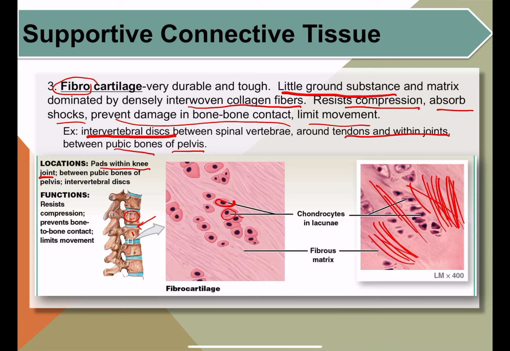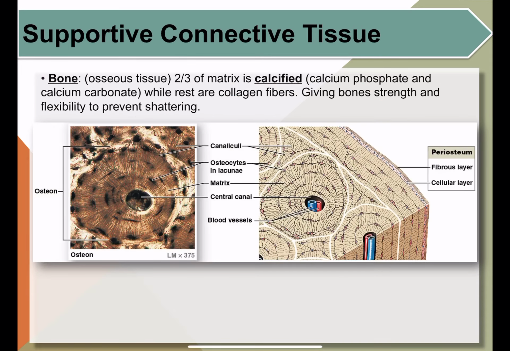Fibrocartilage looks a lot larger in area. There are lots of these lines in straight, parallel processes, and there are still these eyeballs where chondrocytes reside in the lacunae.